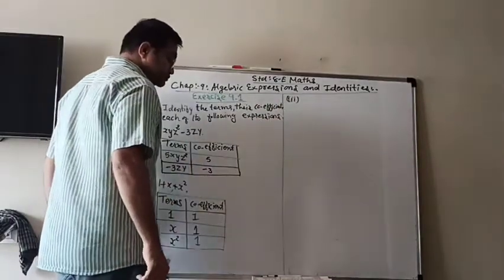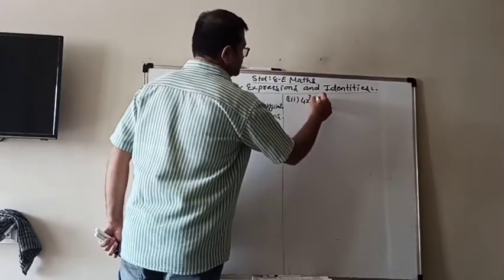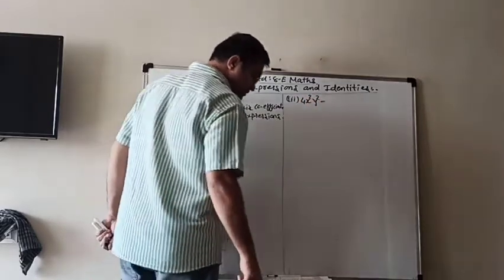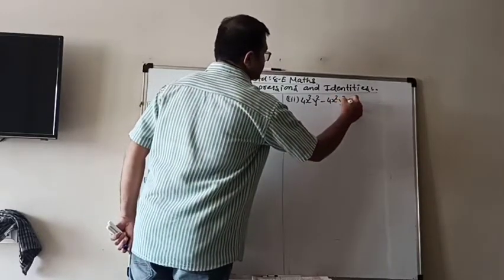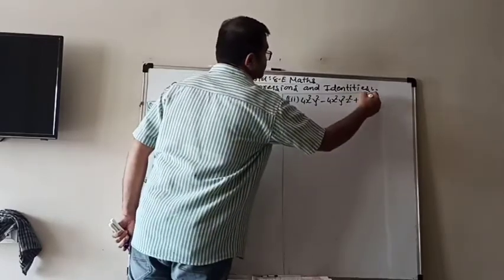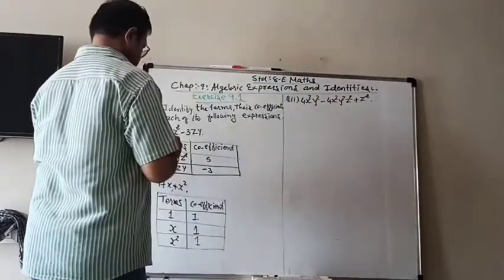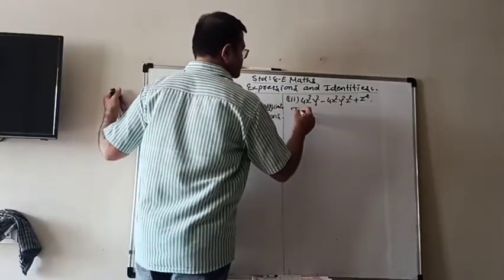Third one is 4x square y square minus 4x square y square z square plus z square. So here also there are 1, 2 and 3 terms.